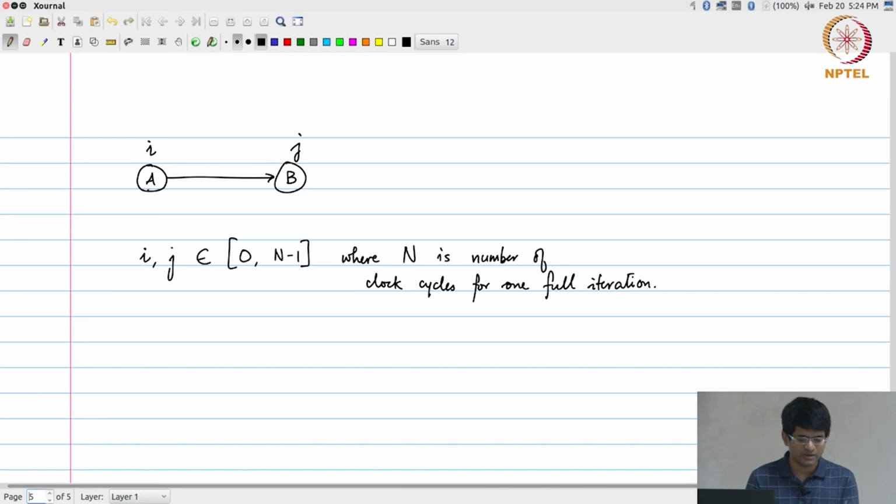So if I have an edge in a data flow graph that looks something like this, there is one module A whose output is feeding into B. A is going to execute at time i and B is going to execute at time j.